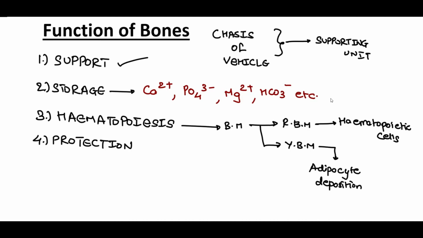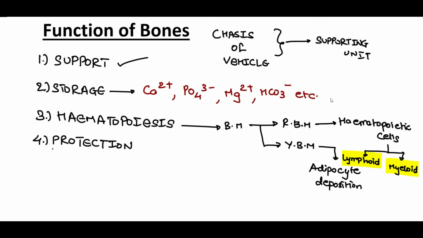So, the yellow bone marrow is comprised of fatty tissue, and the hematopoietic cells further give rise to the myeloid lineage cells and the lymphoid lineage cells. These two cells are important and play a key role in providing immunity.